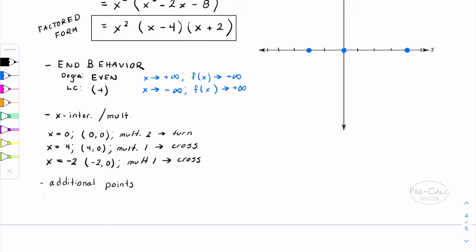And when I tested x equals negative 1, I substituted that back into the original equation, and my output was negative 5. Therefore, I have an extra point at negative 1, negative 5.